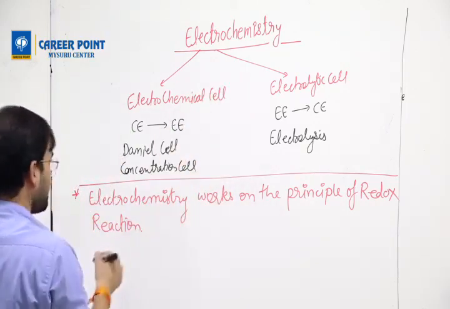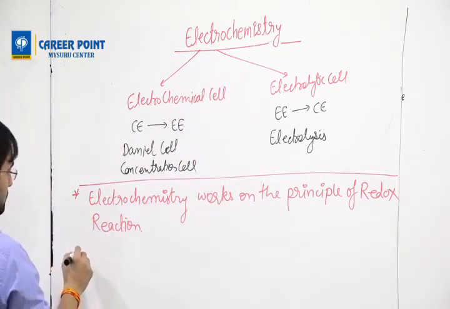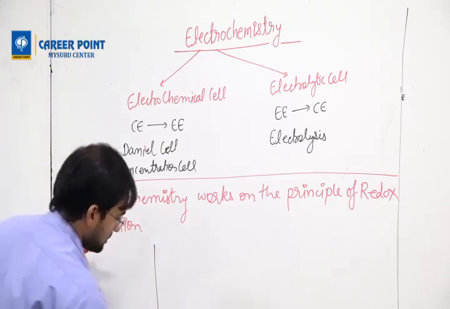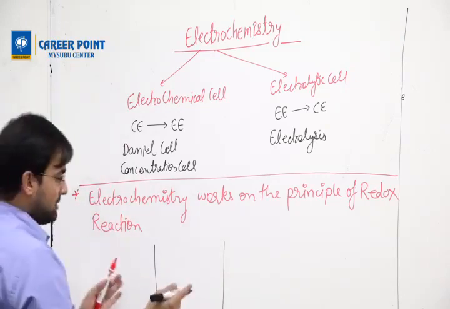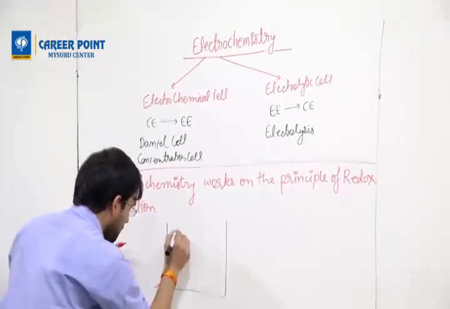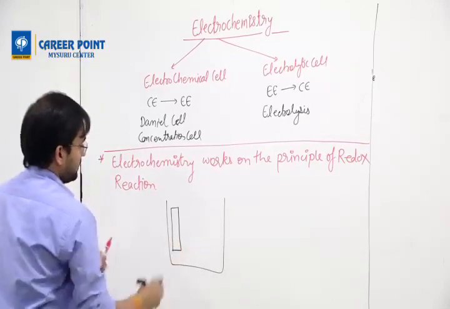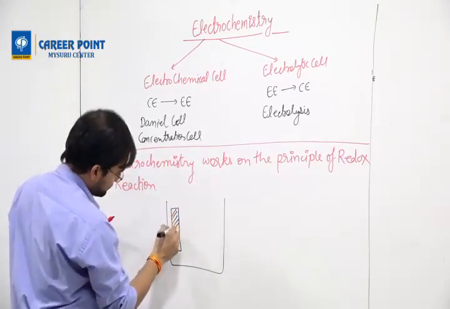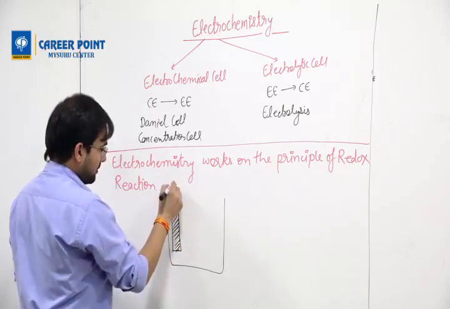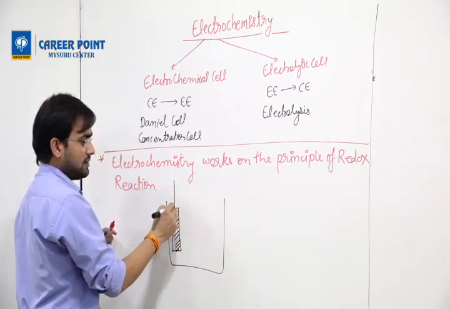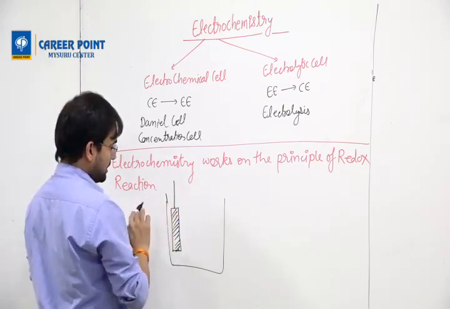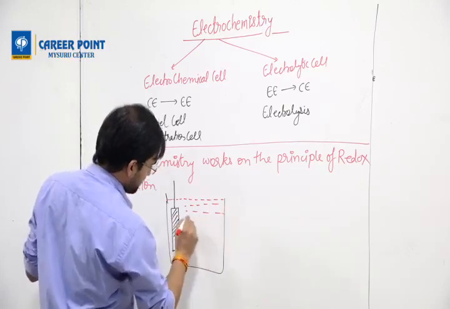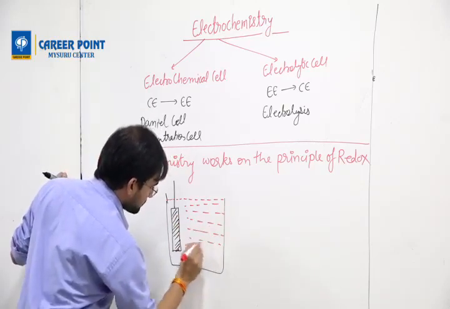So then now what we'll do is, let's take a cell. Okay, any cell. Generally a cell is represented by a beaker. In this case we keep one rod or a plate. This could be a rod or simple plate surface. There will be a wire connected here with this rod. Okay, and it will be filled with a solution. So there will be a solution.